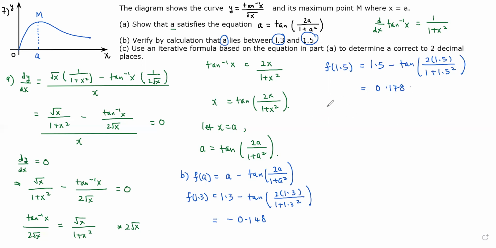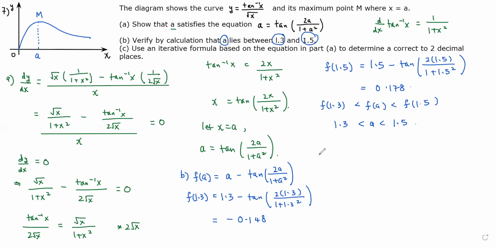We see that f(1.3) is negative and f(1.5) is positive, so there must be a value of A such that f(A) is 0. Then A must be in between 1.3 and 1.5.